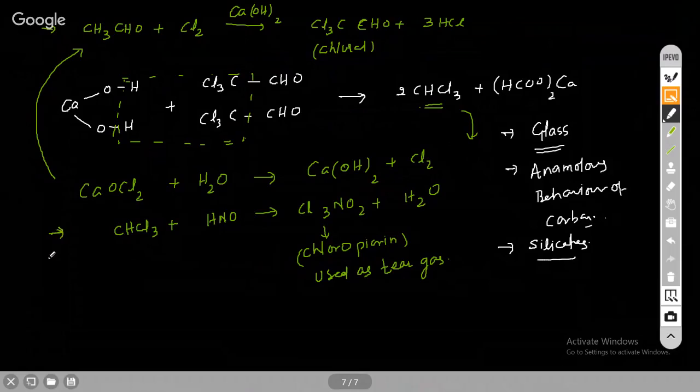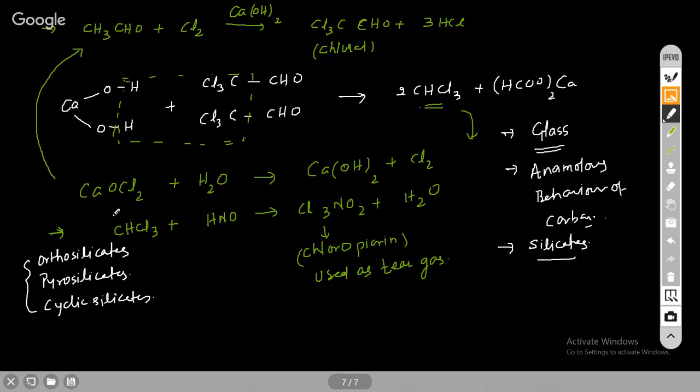Like for example, orthosilicates, pyrosilicates, cyclic structure or cyclic silicates, all these things are given.